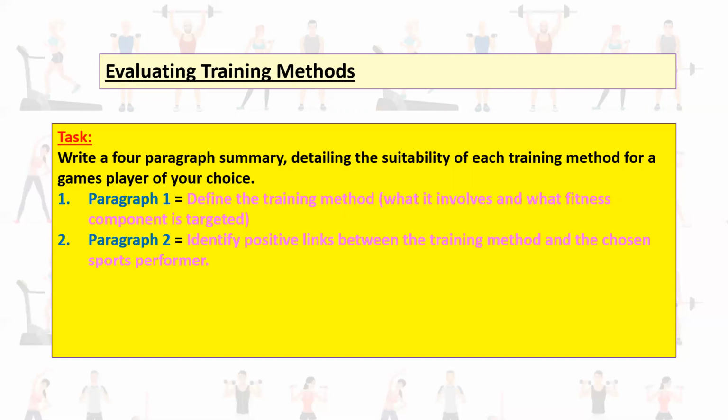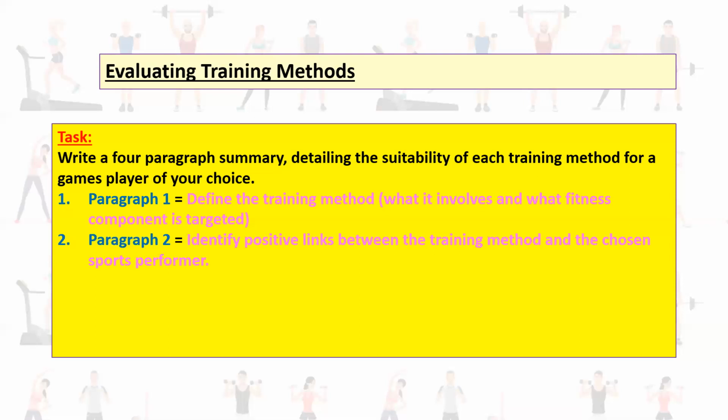Now, when you're linking the training method to the sports performer, what you're essentially doing is saying how the fitness component that's being targeted in the training method can be used by that performer. So if we were looking at circuit training, it's muscular endurance. So you give a couple of examples of how that sports performer, for example, a footballer, would benefit from increased levels of muscular endurance.